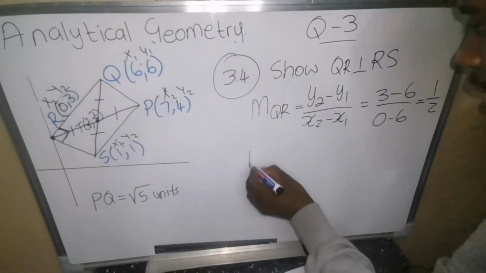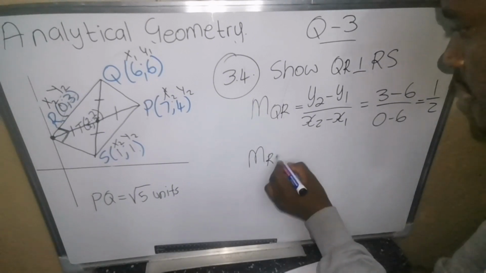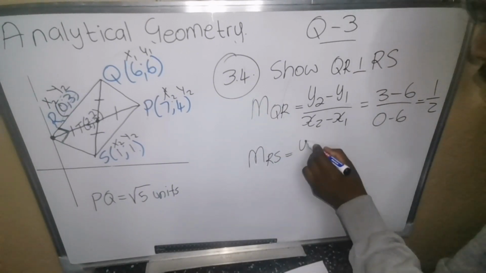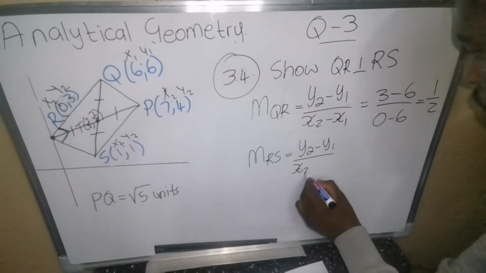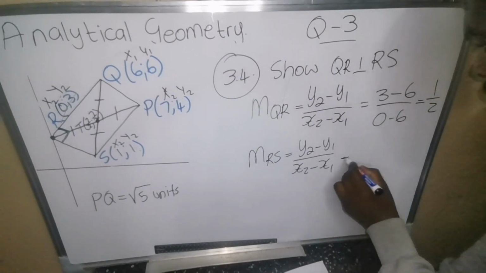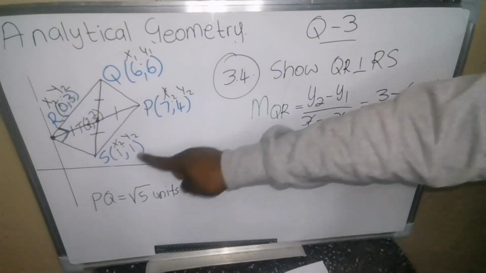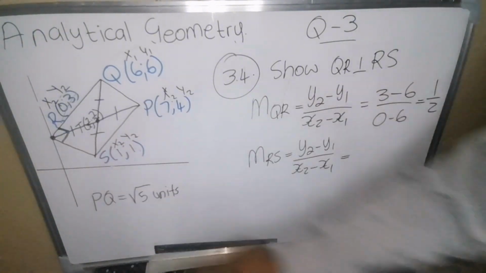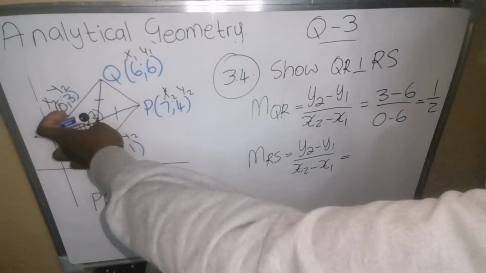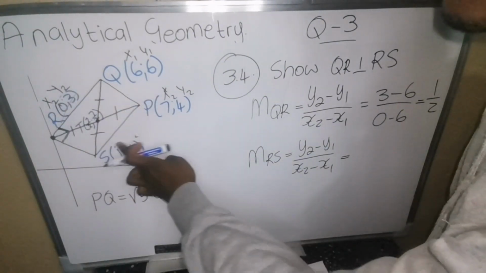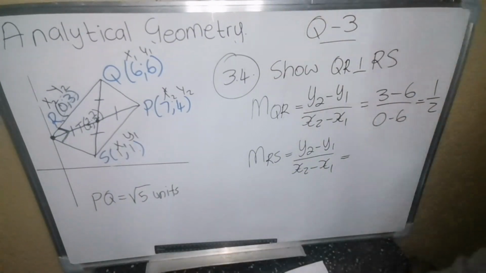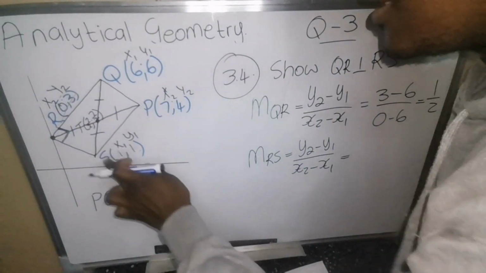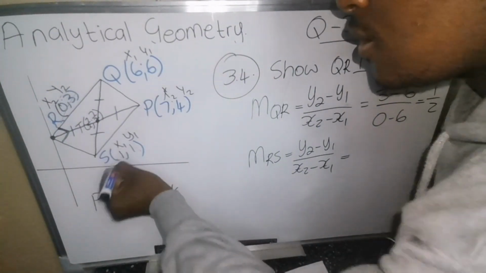Now I'm going to go to the gradient of RS, equal to y2 minus y1 over x2 minus x1. I can label them properly. For x1 and y1, it's 1 here.